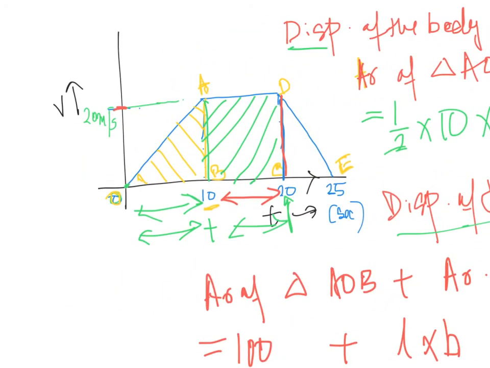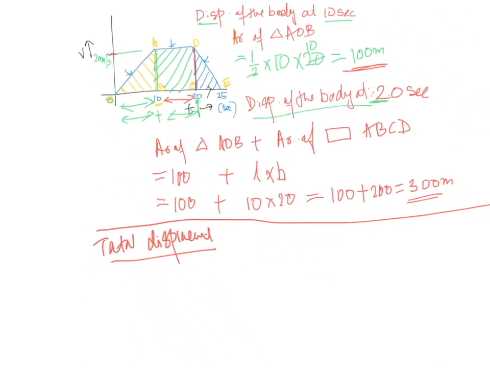I have already done this and this. Let us also find the area of this triangle. So the total displacement is this one plus this one plus this one, all total. I have already found these two. Let me find the third one.